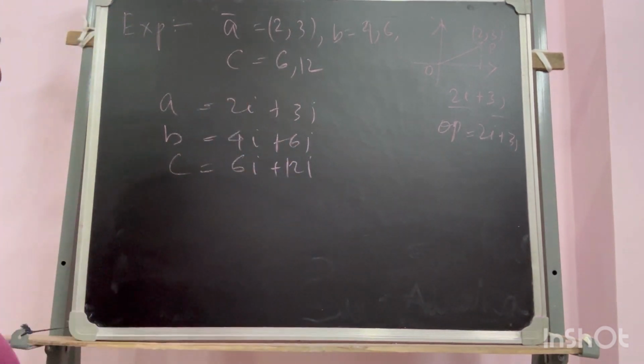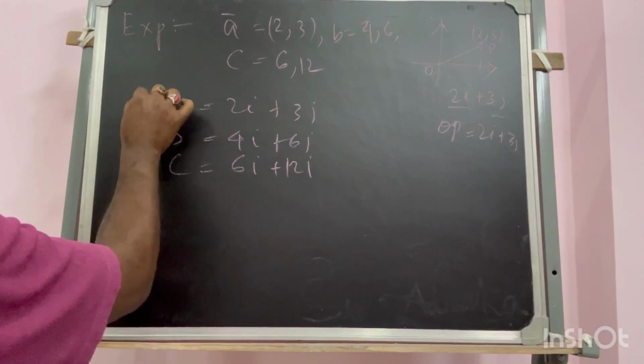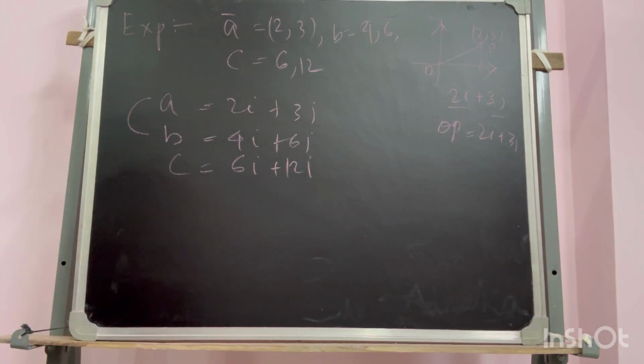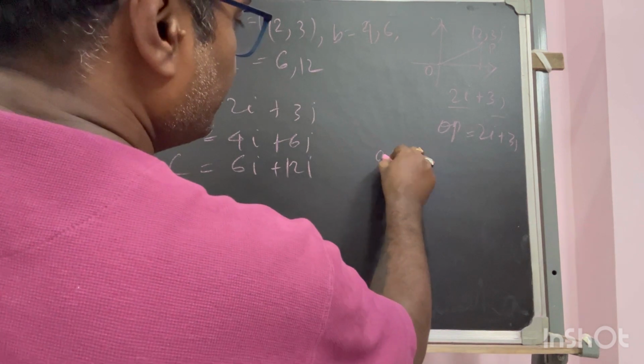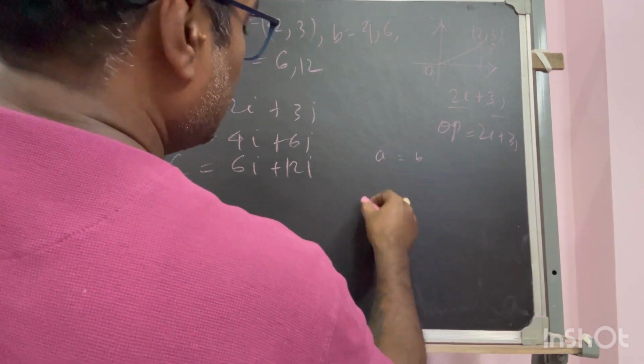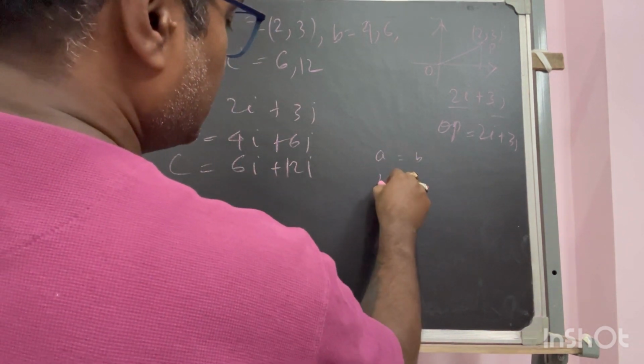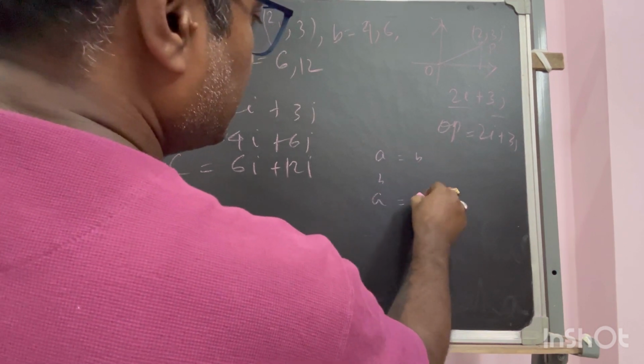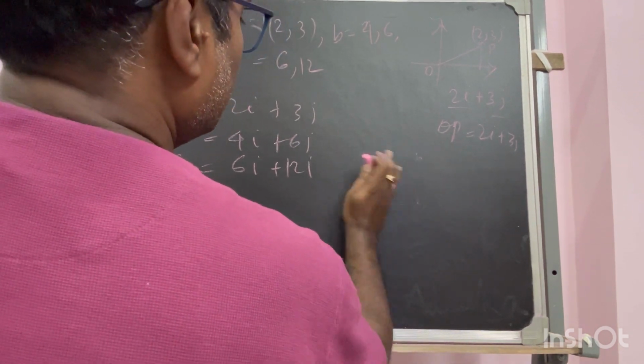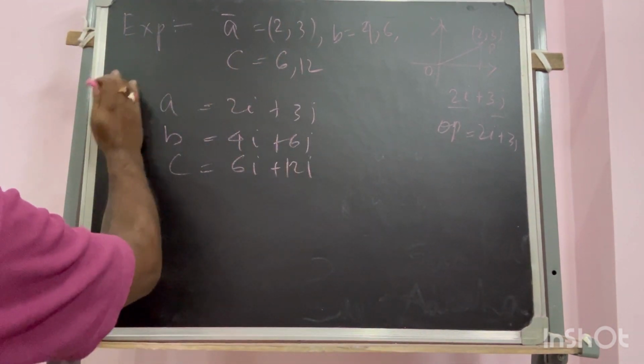For these three vectors to be collinear, we can take them in pairs, because if I can prove A and B are collinear, and then B and C are collinear, then all three are collinear. So we will take two together.